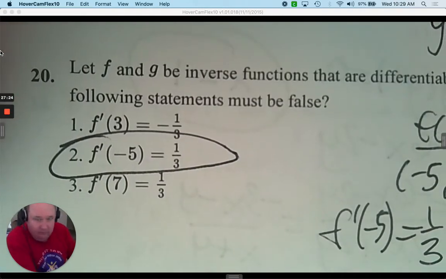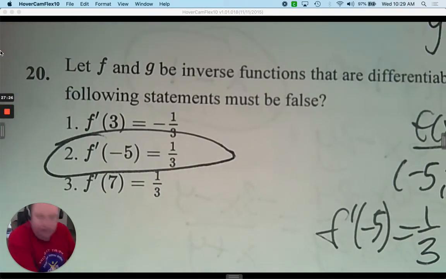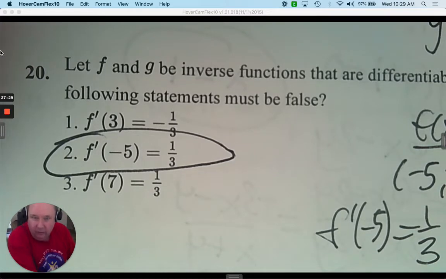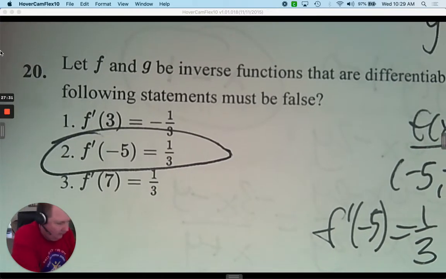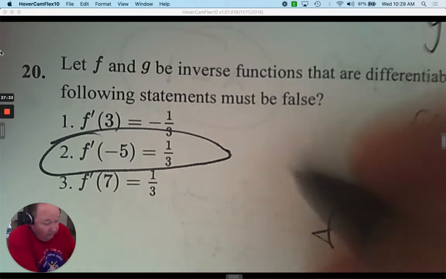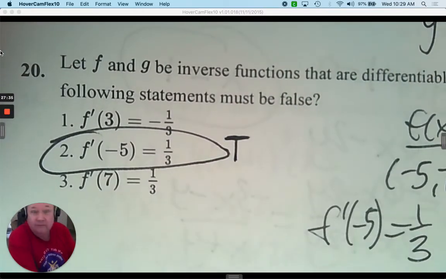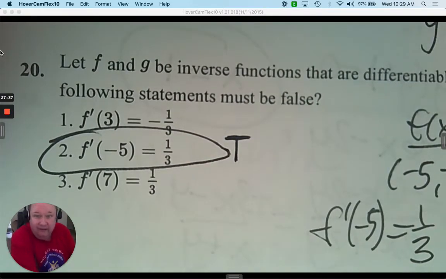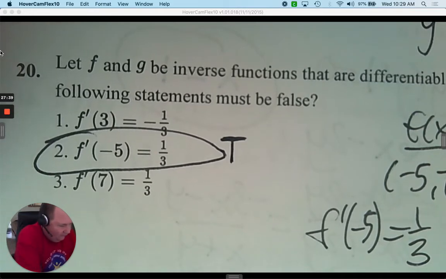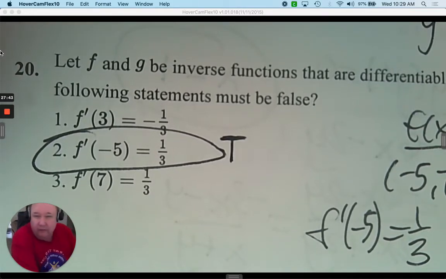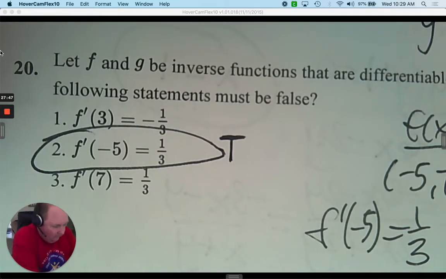In the answer there. So the derivative at 3, don't know. And don't know. The only one I know, it says which of the following statements must be false. So this is true. The derivative at negative 5 is 1/3. The derivative at 3 is negative 1/3.